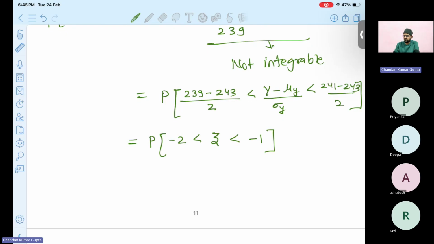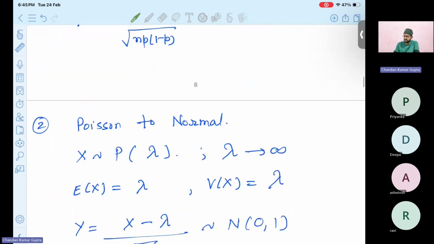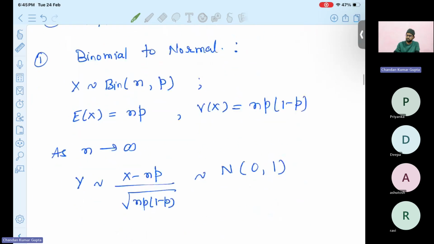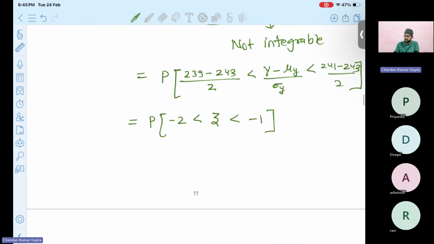Since we have already discussed this, in the table Z lies between minus 2 and minus 1. It is 13.59, so without any doubt you can directly write 0.1359, or you may also use the normal table.